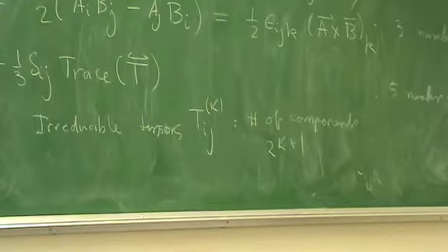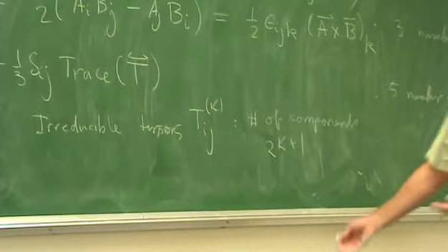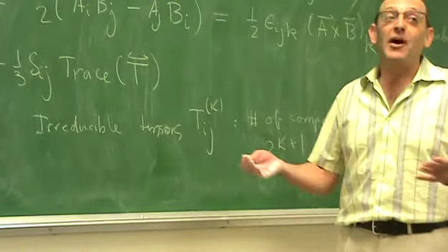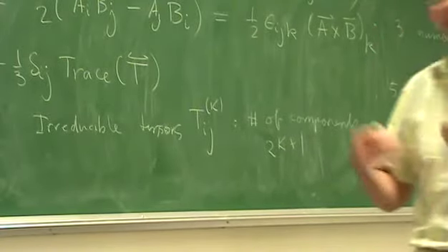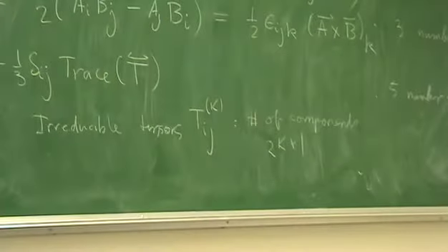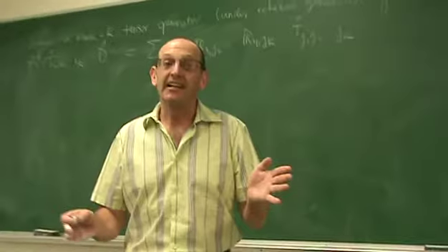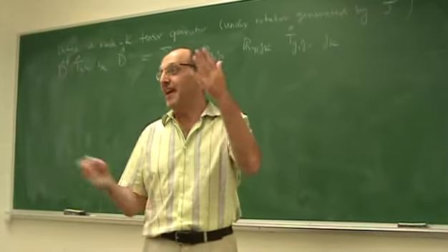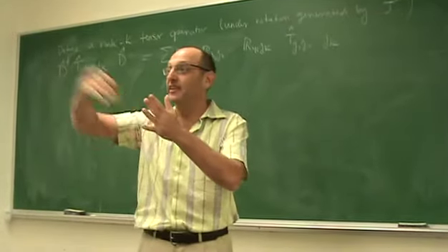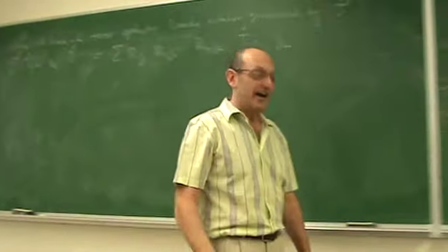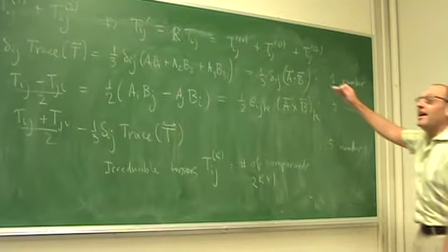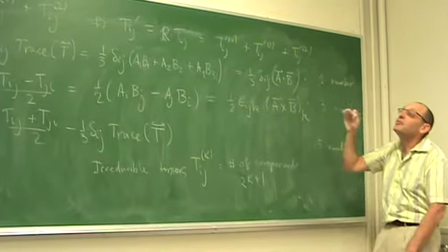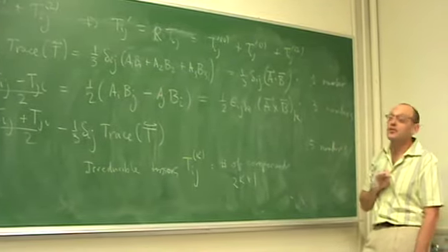Now that's not a proof of anything, but we kind of remember 2l plus 1 or 2k plus 1 is the number of independent components of an object with magnitude of angular momentum j. Right? If I have j, there are 2j plus 1 different possible projections or eigenstates.